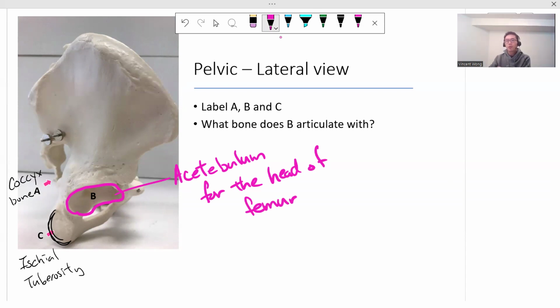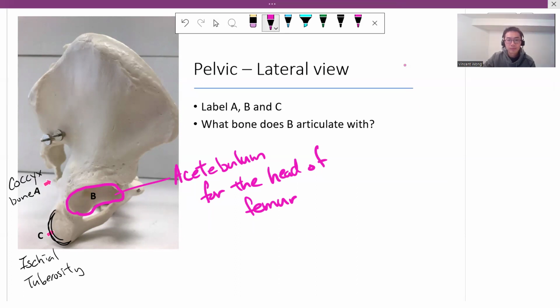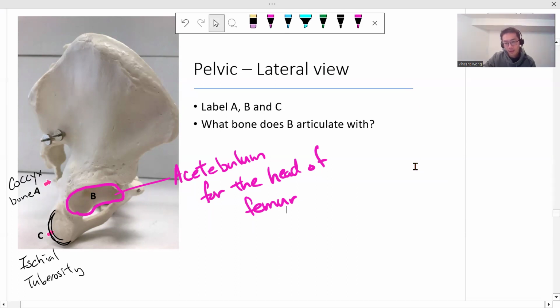Acetabulum. Another ball and socket, of course.